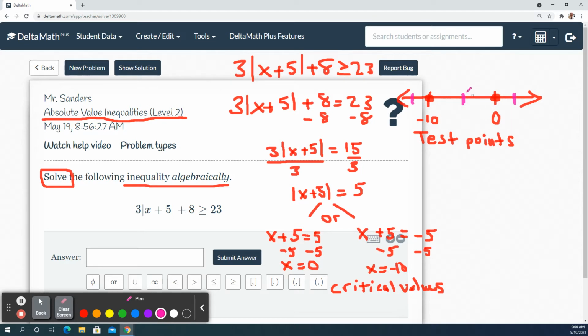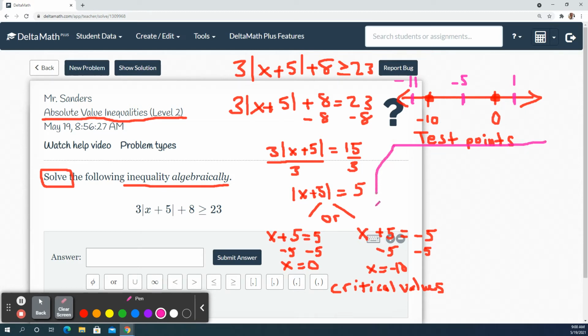I'll say negative 5 in the middle, negative 11 on the left, just going one more over, and on the right, guess what number I'm going to pick? 1. I'm trying to pick the easiest values, looking at what happens to x right off the bat. But if you're not sure why I picked them, just make sure you're inside these regions.